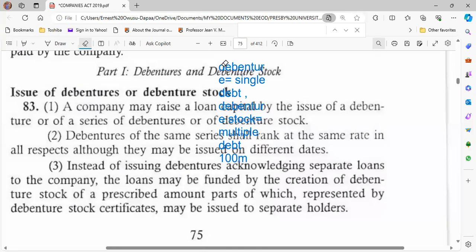But because the company may not have to deal with all the hundreds or thousands of individuals or entities that contributed to that huge block loan, you get someone who will be like a trustee to stand in and manage the debt claims which the individuals may have against the company on their behalf, as it were. So that possibility is also there.